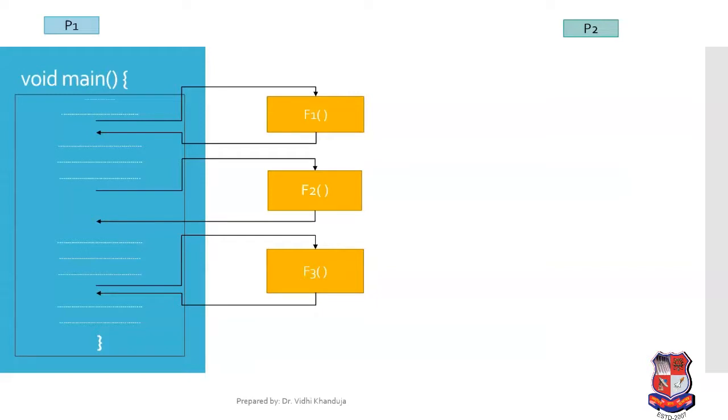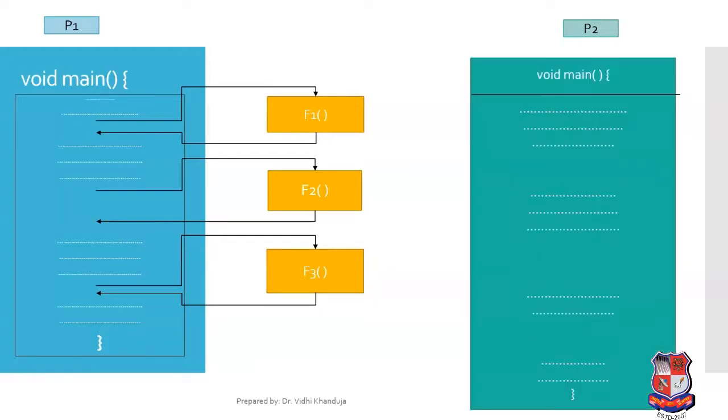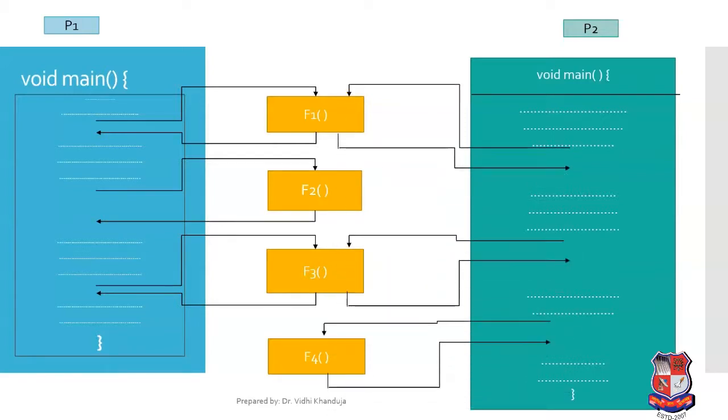Now, there is another program P2, and let us say it needs the functions F1, F3 and F4. Since F1 and F3 exist independently, the same functions will be called by the second program instead of writing their code again.